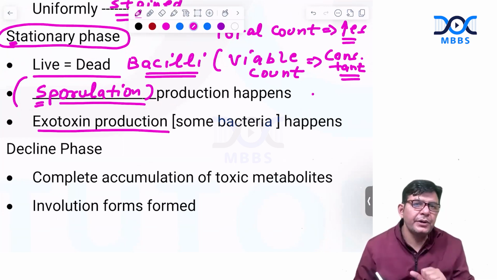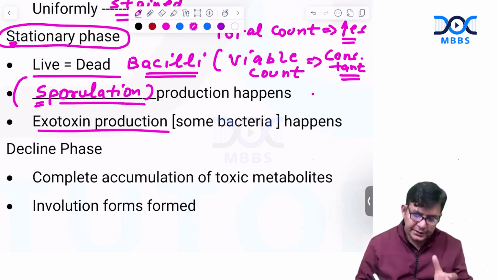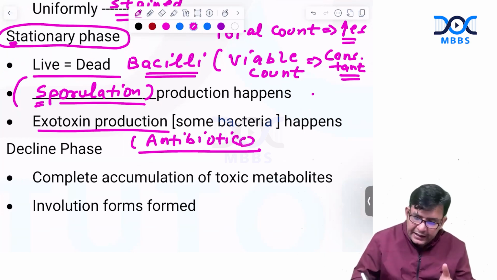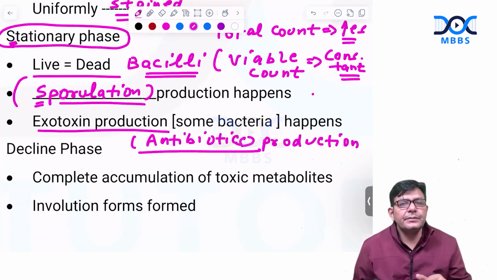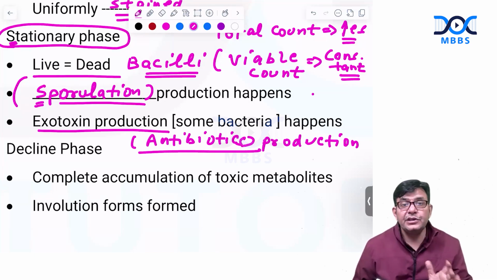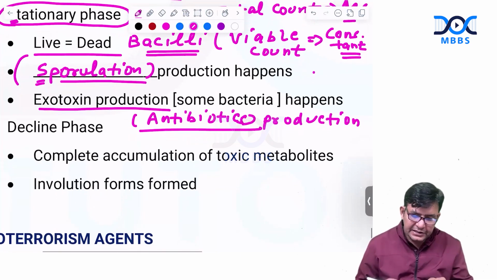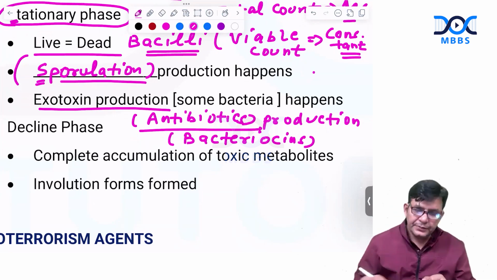Another important point: when we use bacteria for commercial purposes, what is being produced from that? Antibiotics. So antibiotic production also happens in the stationary phase. And for your added information, in the stationary phase they secrete one more thing: bacteriocins.